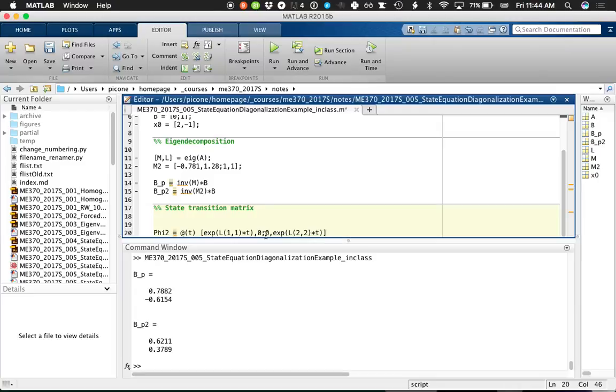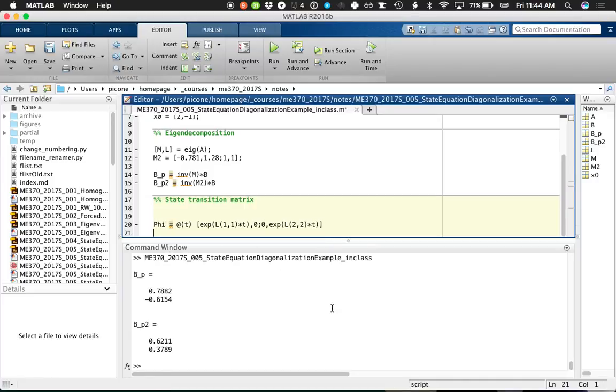Good. So there is our state transition matrix defined. This is identical to the one that we get from Matlab because their lambda matrix is the same as our lambda matrix. So I'll just call it phi. So phi is that.